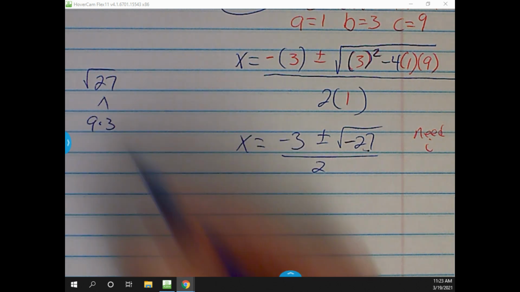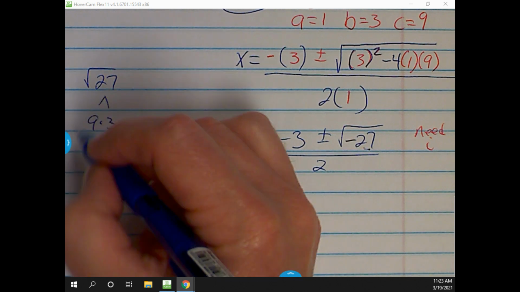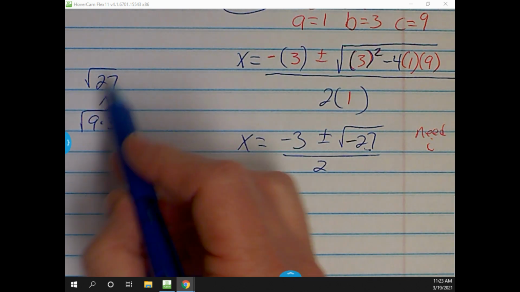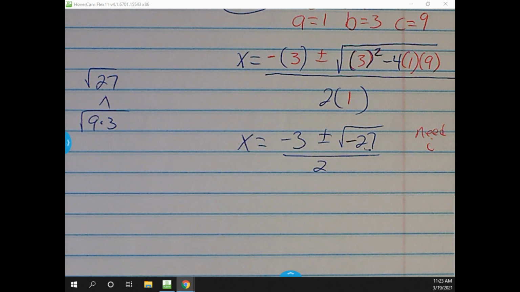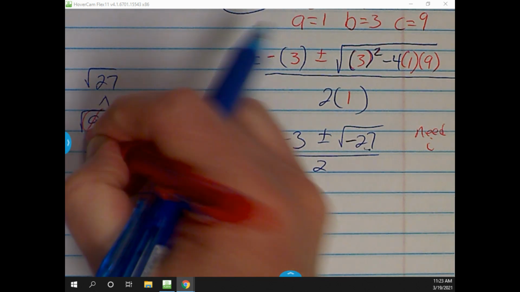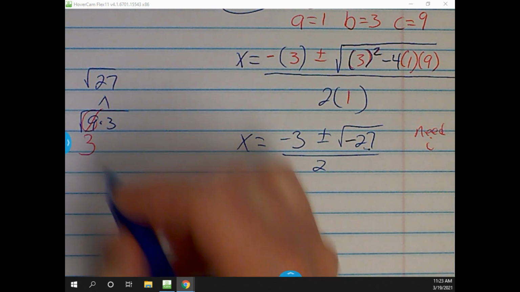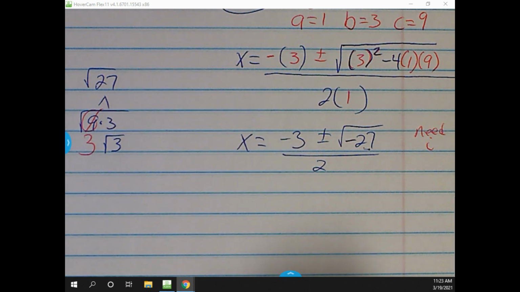And hopefully you'll go, oh, well, 9's a perfect square. So if I rewrite 27 as 9 times 3, I can take the square root of 9 and make that 3, and I'll just leave that square root of 3 on the inside. So the square root of 27 would be 3 square root of 3.